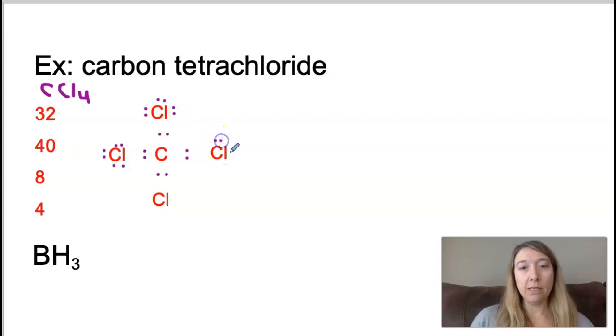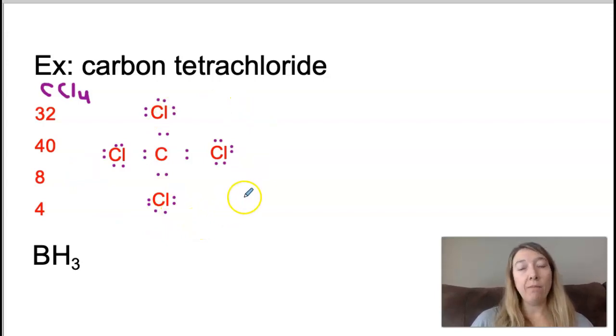The carbon doesn't need any more because it already has 8 around it, so we're going to leave it alone. Once we finish giving all those chlorines full valence shells, we want to make sure that it actually works. We should have 32 dots, so 2, 4, 6, 8, 10, 12, 14, 16, 18, 20, 22, 24, 26, 28, 30, 32. Everything has a full valence shell.